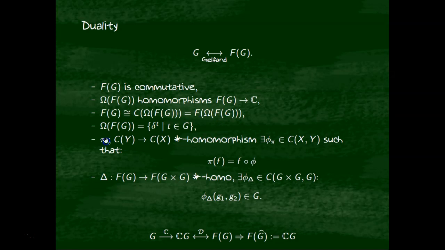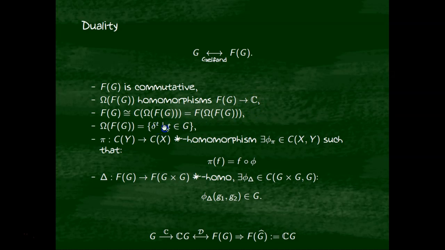Now, it turns out that the characters on the algebra of functions are just these delta t's, which might also be called t hats maybe. The delta t applied to a function says, remember, it must take a function to a complex number. Here's a function, delta t applied to it is the value of the function at t.